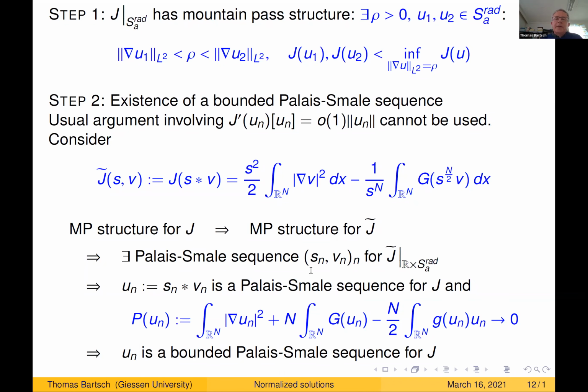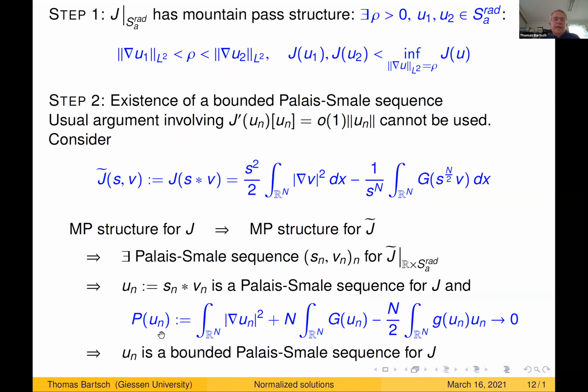But then you can also take the derivative in the S direction, and you get a scalar equation, an additional condition, namely that P of Un, this integral of gradient Un squared plus capital N of this integral G of Un minus N over 2 integral G of Un, goes to 0. This is an additional condition which is needed or can be used to prove that this sequence Un is then a bounded Palais-Smale sequence.